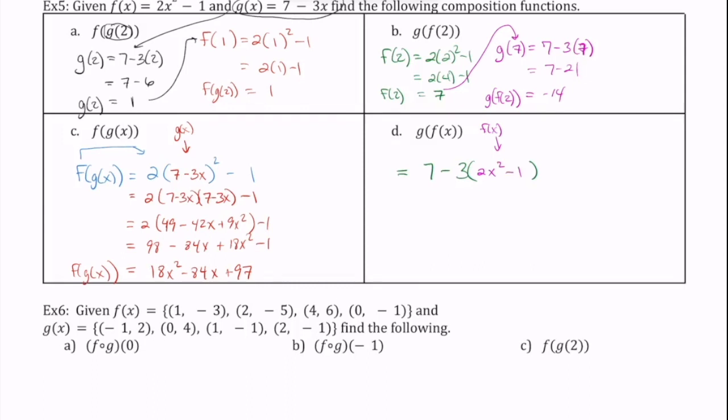Right? This one's going to work out a little nicer. So 7 minus, distribute the 3, 6x squared, distribute the 3, plus 3. And in standard form, negative 6x squared plus 10. So g of f of x is equal to negative 6x squared plus 10.